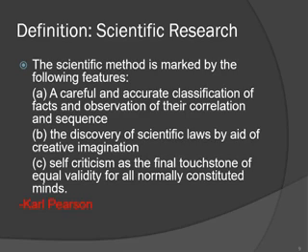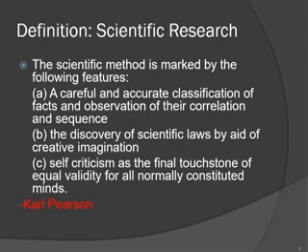So how things happen one after another, what is the correlation and what is the sequence of the events that are happening in a particular case. The discovery of scientific laws by aid of creative imagination, and self-criticism as the final touchstone of equal validity for all normally constituted minds.